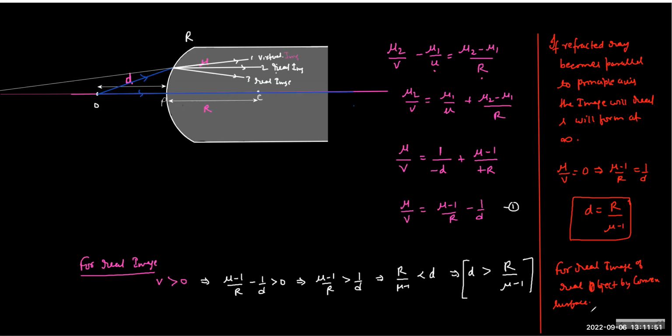Convex. Correct. So this is for a real image of a real object by a convex surface. The mathematical condition turns out to be D more than or equal to R upon (mu minus 1). Is this clear?